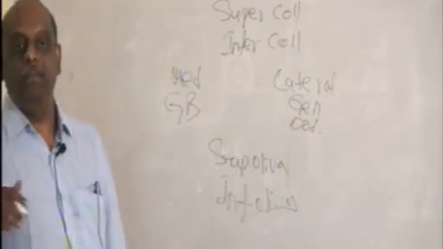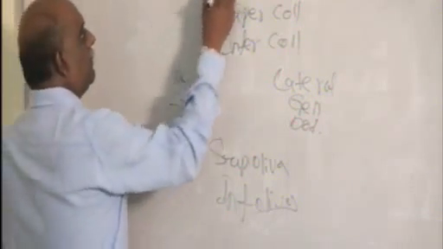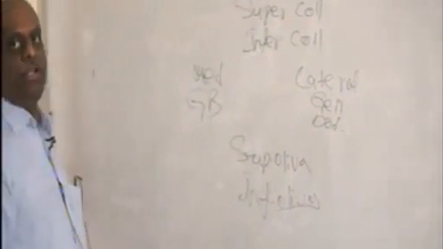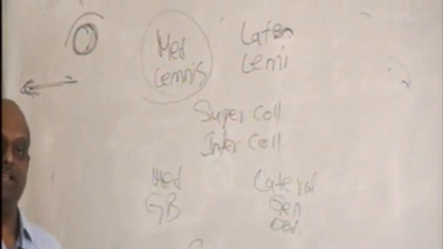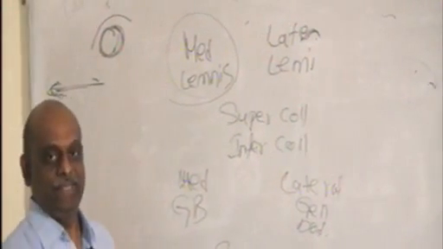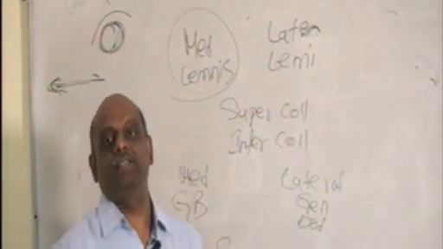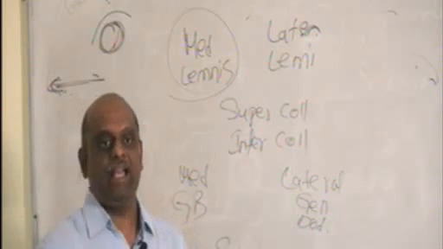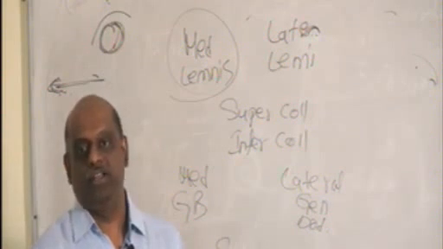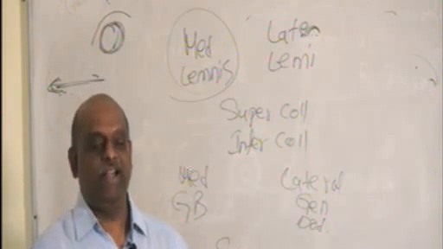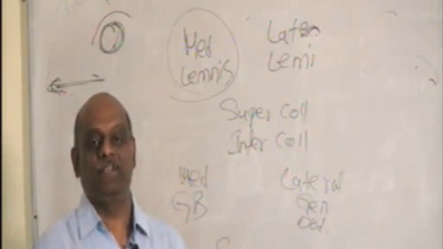First, what is the medial lemniscus? Who will tell me? The medial lemniscus is a continuation of dash. What is the dash? Fill in the blank. Come on, doctor. You attended neurology so many times.